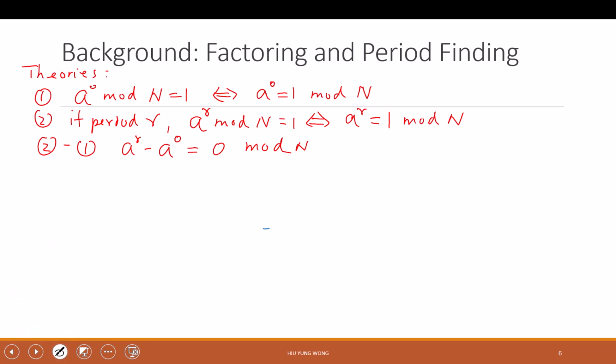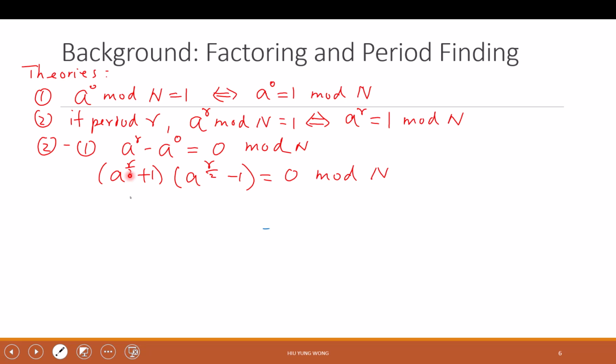Now, then we can continue to use the regular equation we have learned. This can be written as a to the power r divided by 2 plus 1 times a to the power r divided by 2 minus 1 equal to 0. Of course, again, we're talking about mod n. Do you see that?